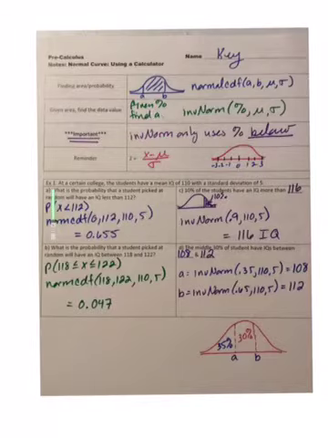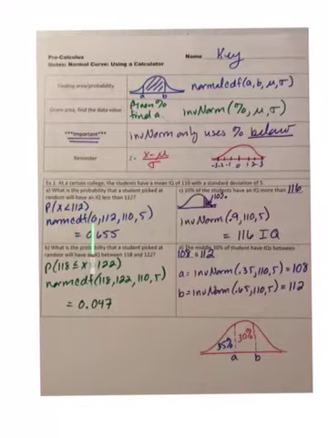All right, so example 1. At a certain college, the students have a mean IQ of 110 with a standard deviation of 5. So A, what is the probability that a student picked at random will have an IQ less than 112? So probability that X is less than 112, so we're going to do a normal CDF.